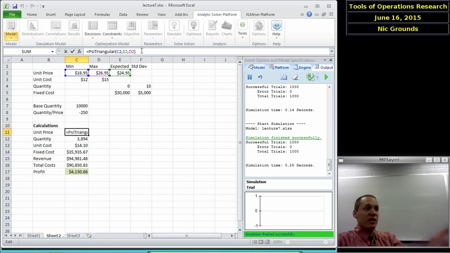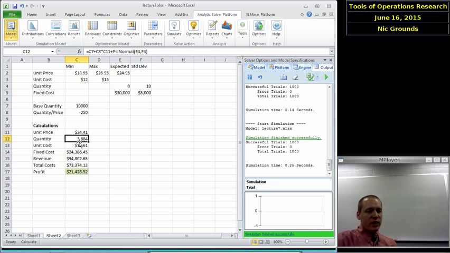Your computer might have picked a different value. In fact, the likelihood is everybody picked a different value, right? Because everybody randomly chose some value in this range with this kind of a likelihood. So forth. For quantity, costs, fixed cost, unit cost, everybody's computer's picking a value according to some random distribution. The likelihood is we're all picking different values.